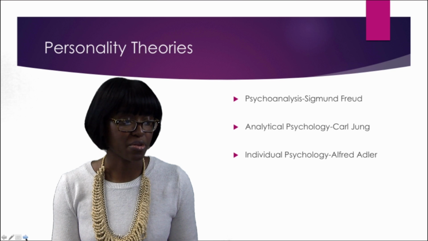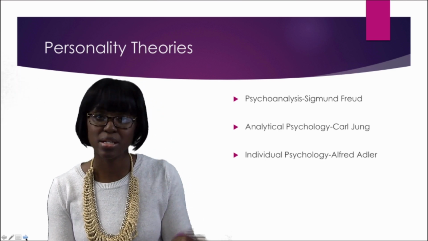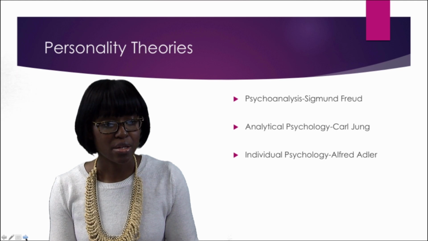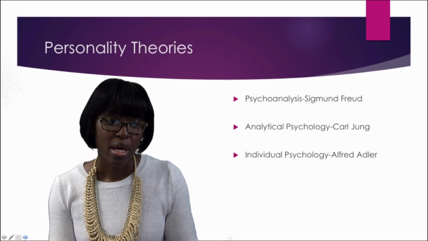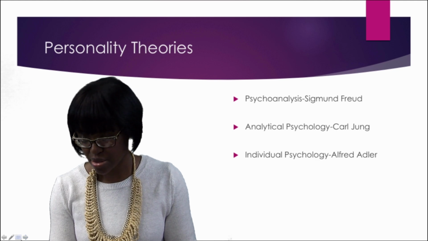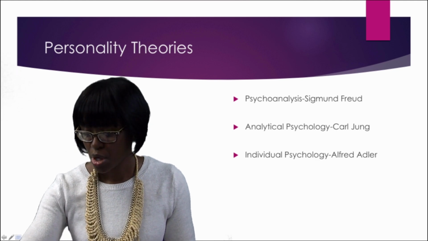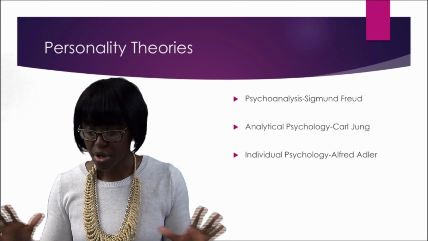Okay, let's look at some personality theories. I have three major ones here: psychoanalysis with Freud, analytical psychology with Carl Jung, and individual psychology. Let's start with psychoanalysis. This is probably one that most individuals are very familiar with.